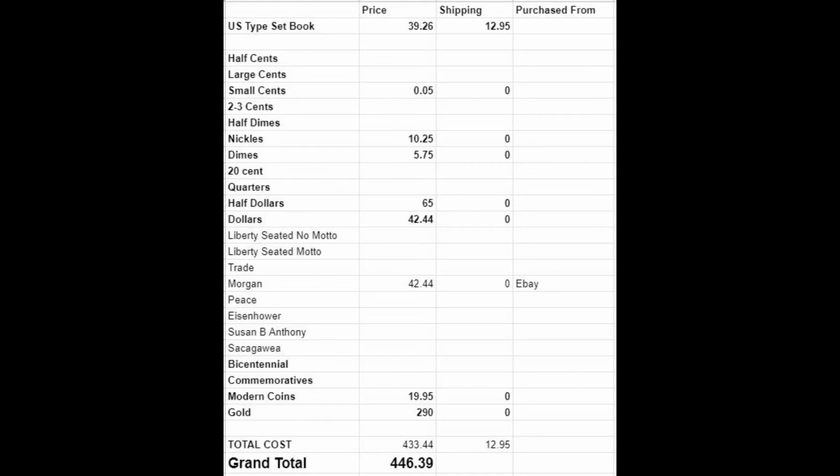I had an Excel formula error, so that's why my costs have actually gone down here. My cost for the Morgan was $42.44, purchased from eBay with free shipping. So that brings my total cost for the coins to $433.44 with $12.95 shipping, for a grand total of $446.39.